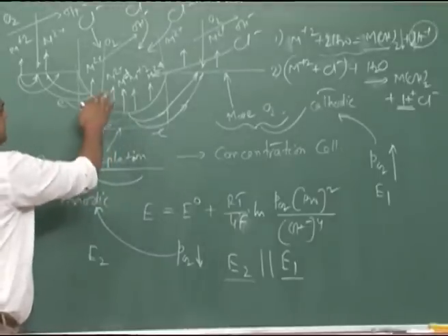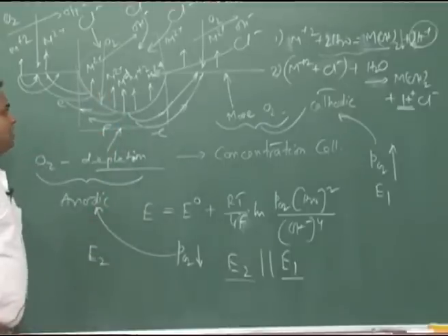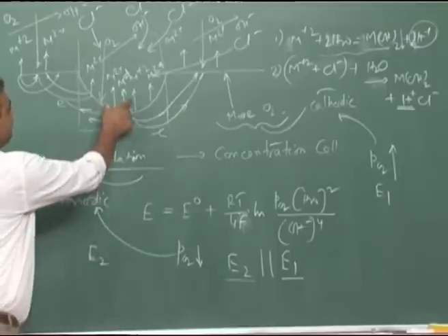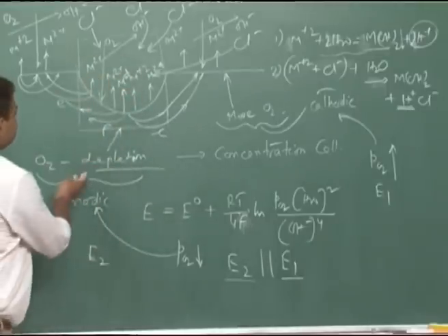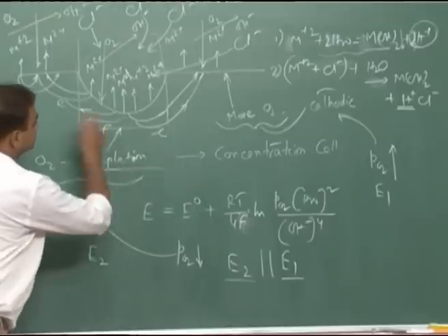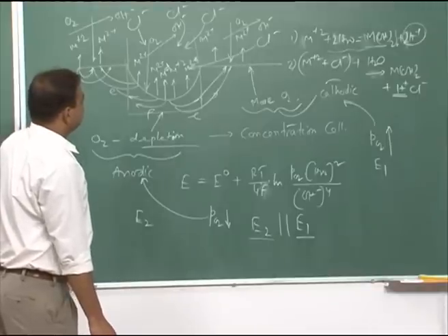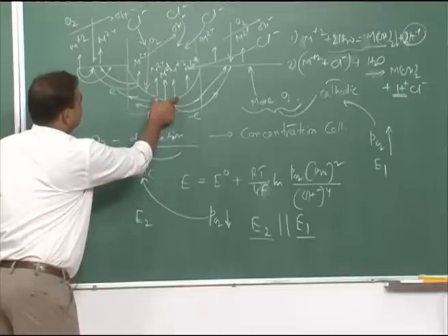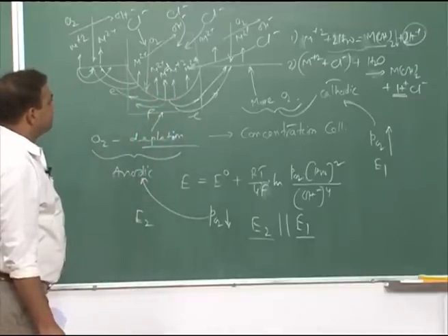So, the first case is the initiation. Momentarily some section is dissolved quickly and it forms a small pit. Once the pit forms, the stagnancy of the solution as well as oxygen depletion forms a concentration cell, and then you have a differential area factor or unfavorable area ratio. So, this section would preferentially go into the solution in the form of ions.